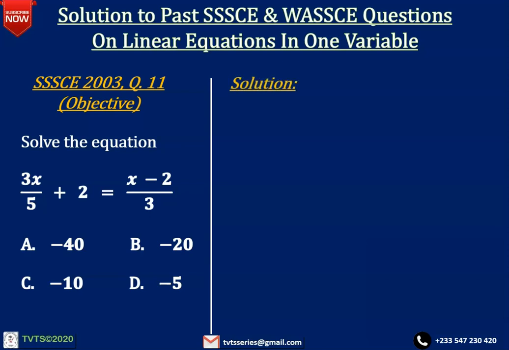We have the equation 3x over 5 plus 2 is equal to x minus 2 all over 3. The LCM of 5 and 3 is 15. Therefore, we will multiply through by 15.